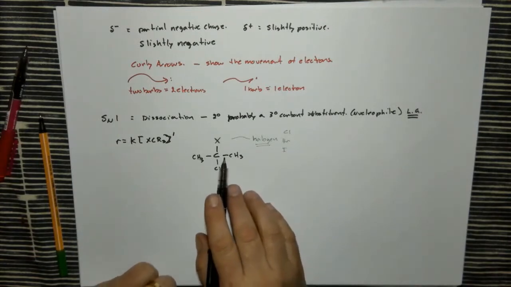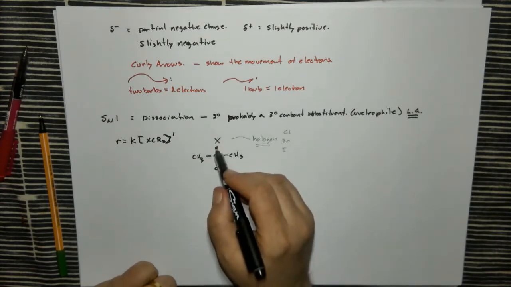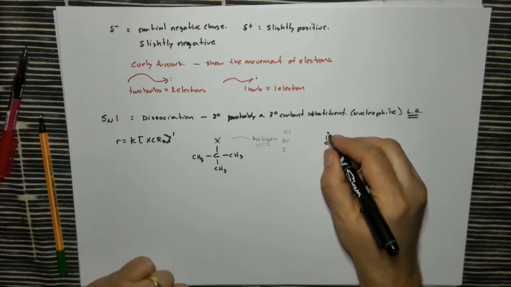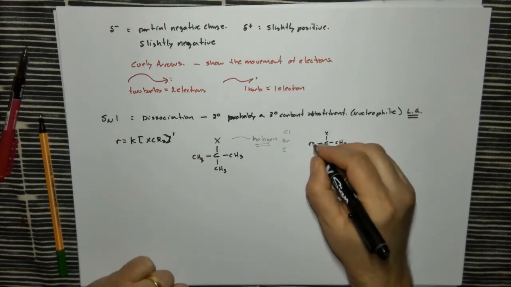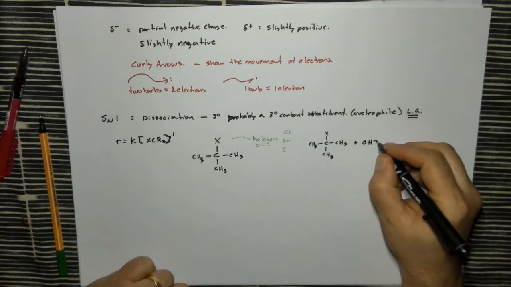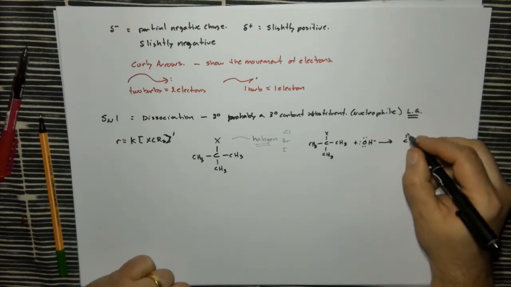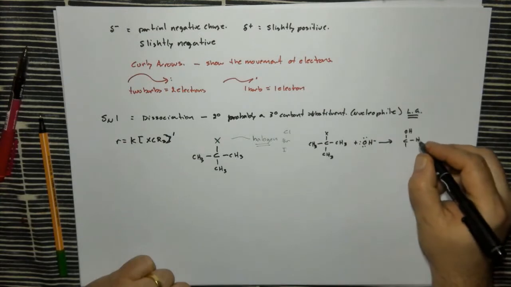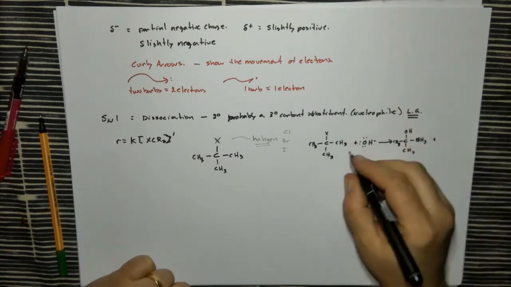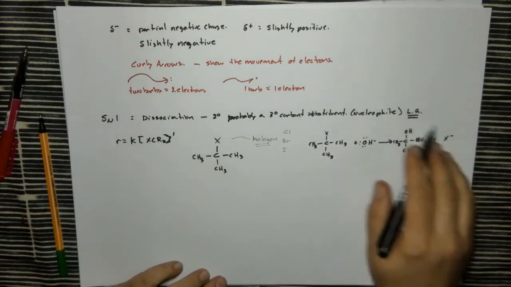Once the halogen comes off, it's going to be a carbocation, and then a new nucleophile is free to move in and replace this X. So we could write a chemical reaction for this: the molecule with the X, plus a nucleophile, in this case hydroxide, gives the new molecule with the new substituent, plus the leaving group, X minus. That would be the general overall reaction.